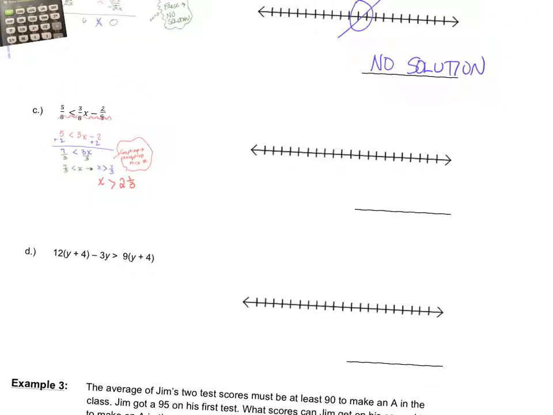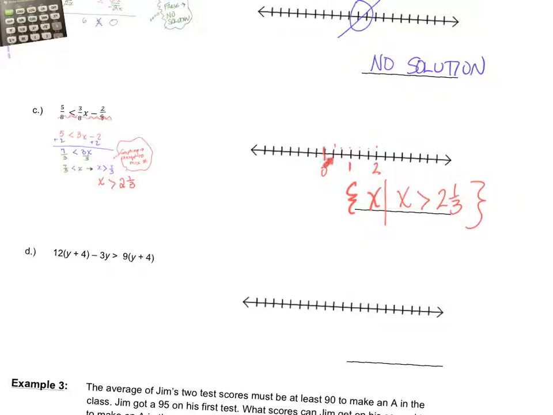So let's go ahead and graph that. We know that the answer is all the values of x such that x is greater than 2 1/3. So if this is 0, and this is 1/3, 2/3, 3/3, which is 1, 1/3, 2/3, 3/3, which is 2. And again, just to remind you of how this works, if this is 0, we're going to make it so that we're counting by thirds, since it's 2 1/3.